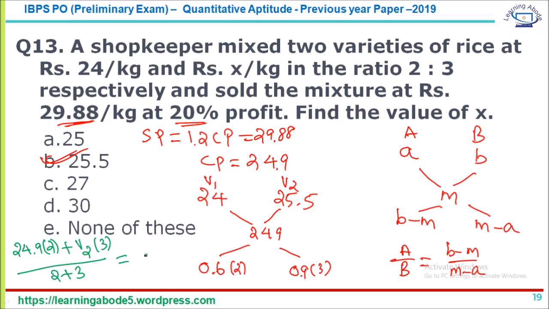This is equal to the cost of the mixture, which is 24.9. If you solve for V2 in this equation, you will get 25.5. But the allegation method that I used first is faster than the equation method, right? So the answer for question number 13 is option B, 25.5.